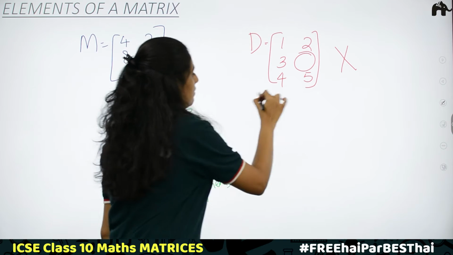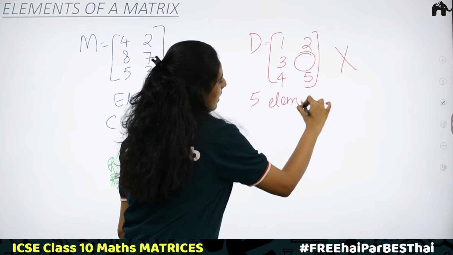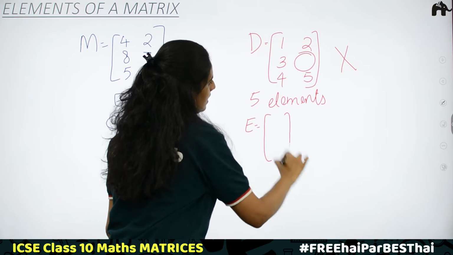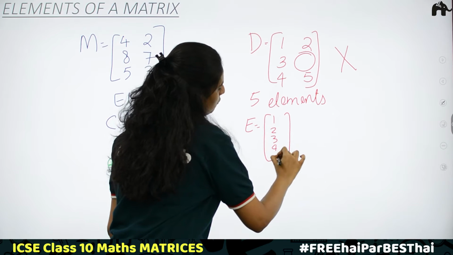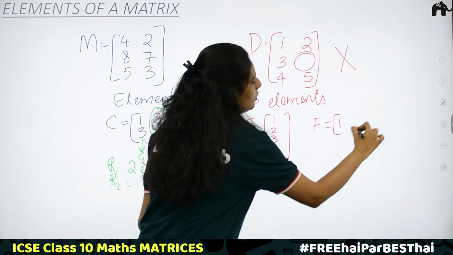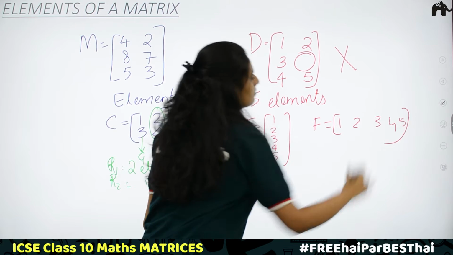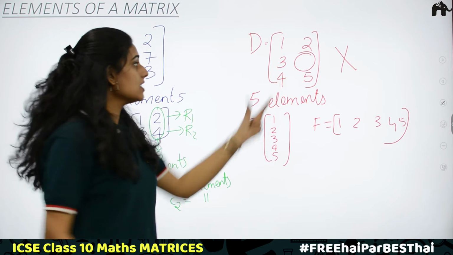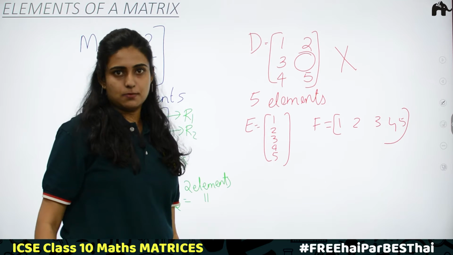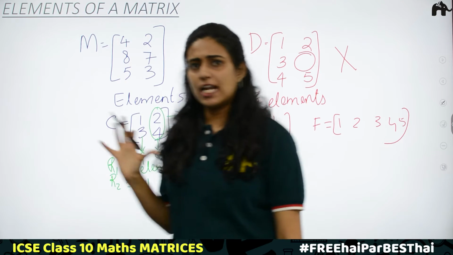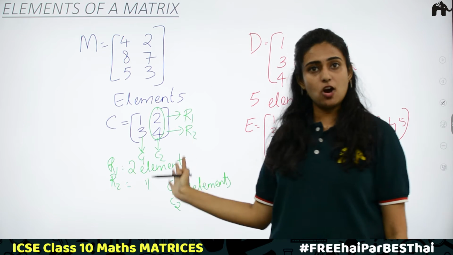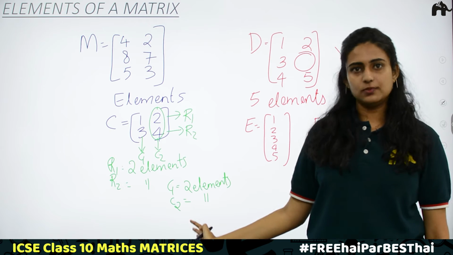So, if there are 5 elements, in that case, we can represent it either like this, 1, 2, 3, 4, 5, or as in a matrix F is equal to 1, 2, 3, 4, 5. We cannot represent in this form because here we have no element in this position, which is not possible. Remember these things. Now understood what elements are? How the elements are filled in rows and columns in a matrix is understood now. Okay.